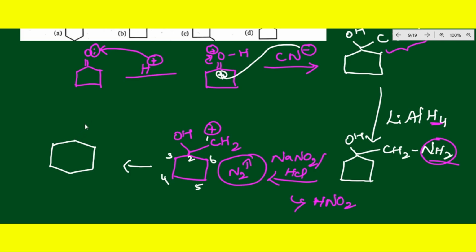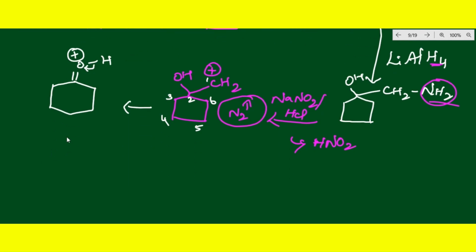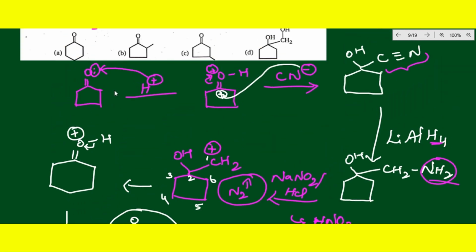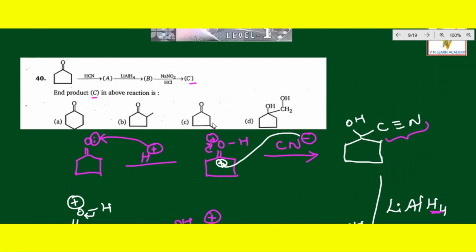Here double bond O and hydrogen will be there, but actually this is a positive charge now, so naturally it will be taken over and finally you will receive that product: cyclohexanone, 1 carbon extra. That is not cyclopentanone; this is cyclohexanone. So that is the simple trick I just mentioned.